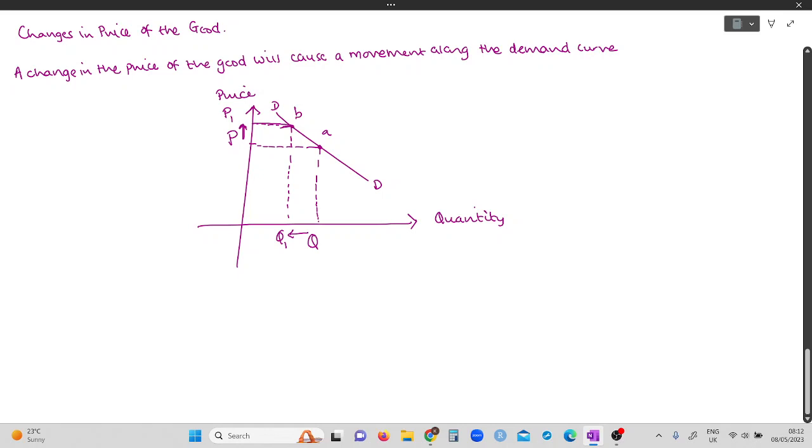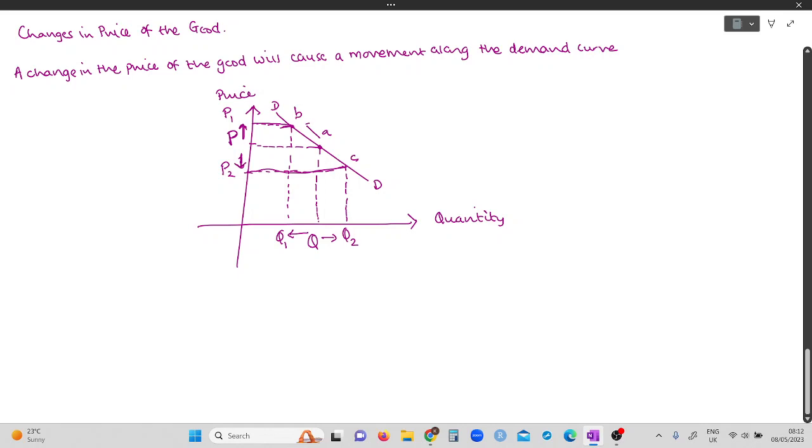Now the opposite. If we are at P, at point A initially, and the price decreases to P2, the new point will be approximately here. Let's call it point C. And we will have the corresponding quantity, which is Q2, for example. So when the price decreases from P to P2, the quantity will increase from Q to Q2.